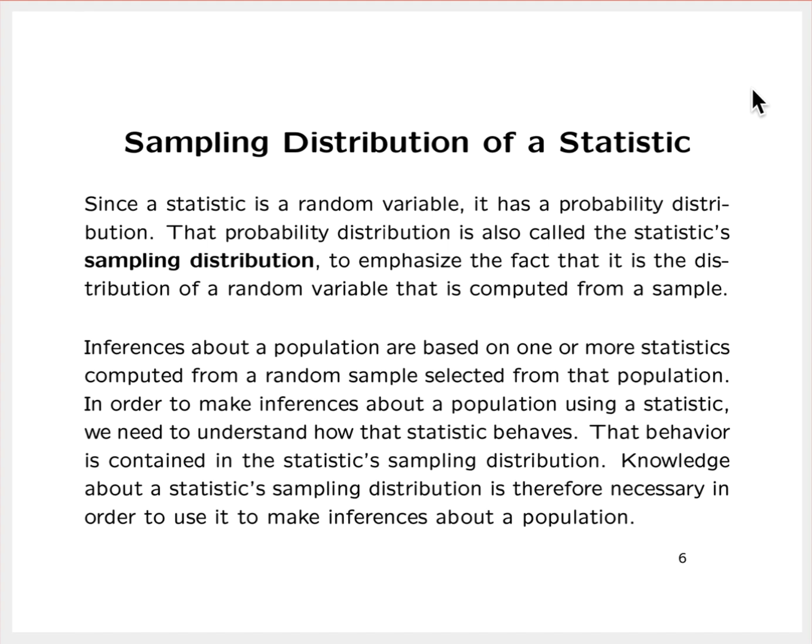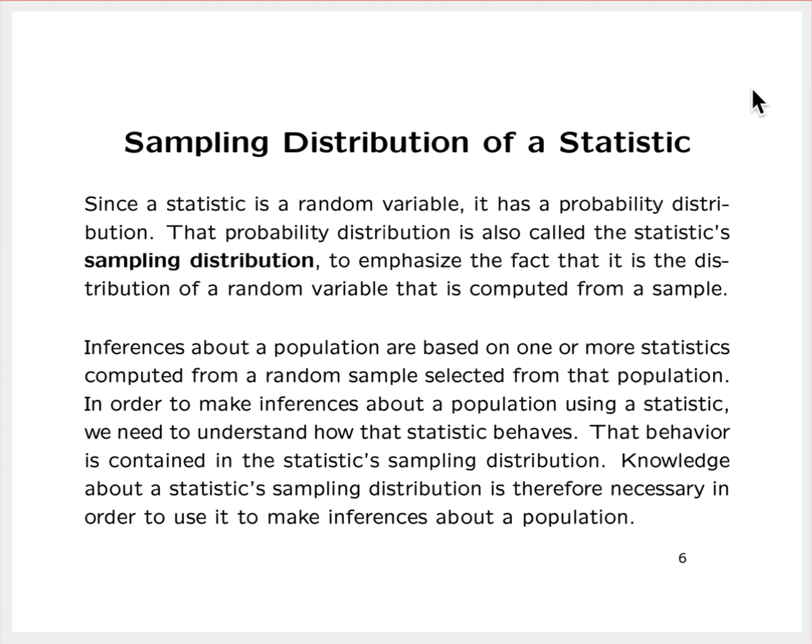Now, inferences about a population, which is what we're all about in statistics, right? That's the goal, to make inferences about populations. So inferences about a population are based on one or more statistics computed from a random sample selected from that population. Now, in order to make inferences about a population using a statistic, we need to understand how that statistic behaves.